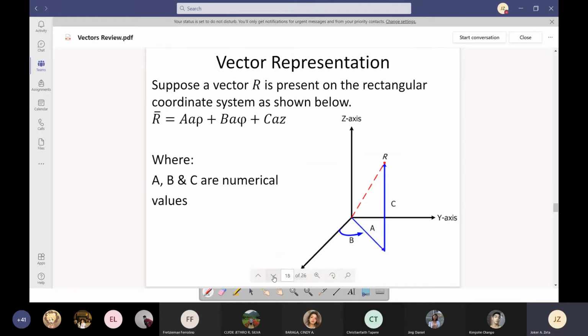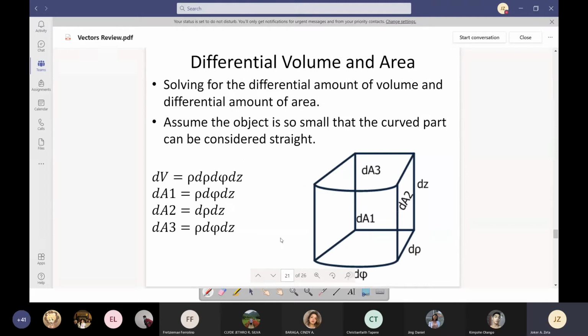Okay? So if the object is now cylindrical, you have to determine which surface of your cylinder it is: the cylindrical surface, the top surface, the bottom surface, or the inner parts of your cylinder. You have to realize that, and from there you determine which surface it is, area 1, area 2, area 3.